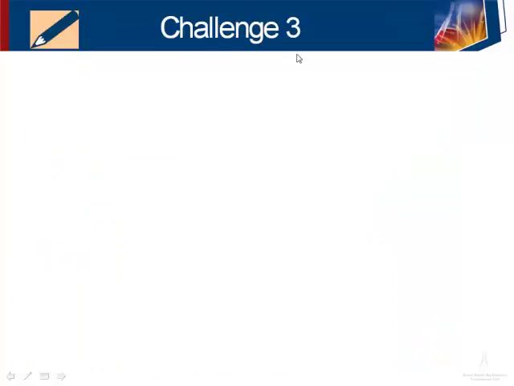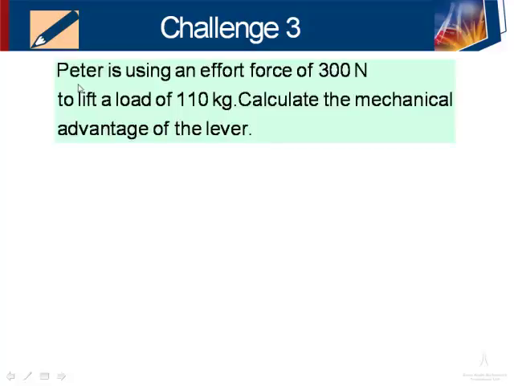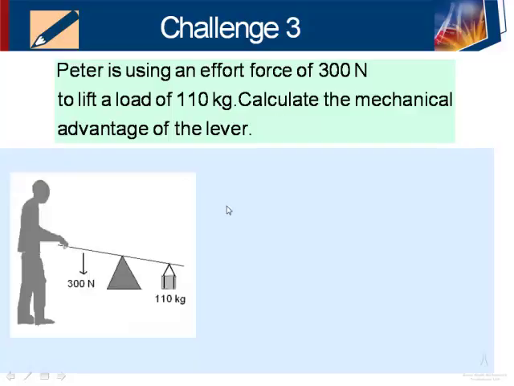Let's look at challenge number 3 involving the calculation of mechanical advantage. Here's the example. Peter is using an effort force of 300 newtons to lift a load of 110 kilograms. Calculate the mechanical advantage of the lever. Let's summarize the data.